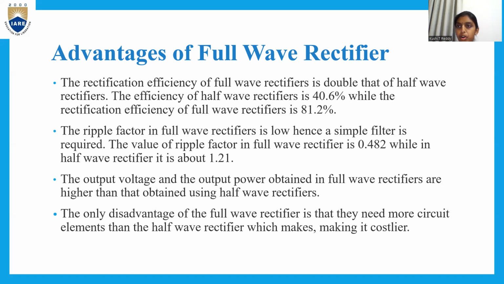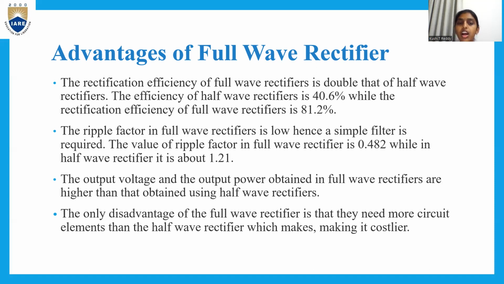So these are some of the important points. And the main point is that you'll have diodes. When a diode is in forward bias, it is a closed switch. And when the diode is in reverse bias, it is an open switch. These are the other two main points which you have to remember for a full wave rectifier.